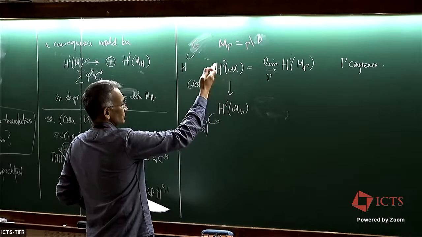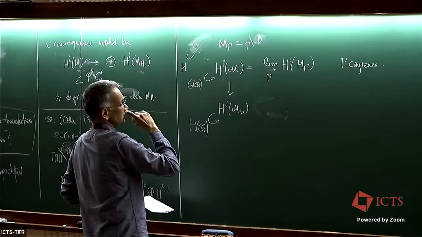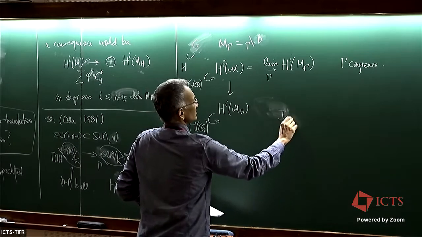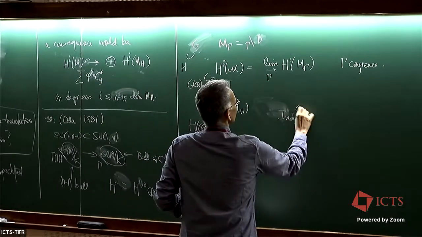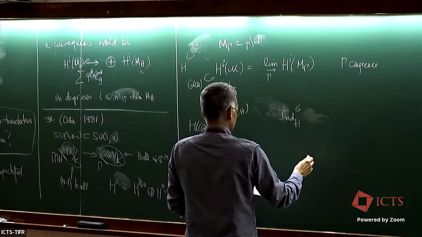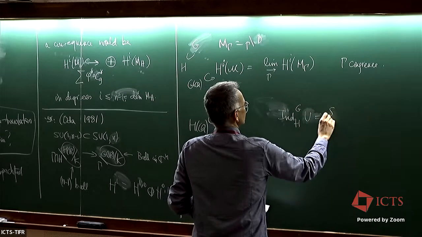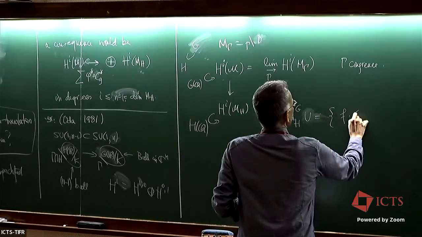So it's convenient to do the following. Either by Frobenius reciprocity or just by some explicit thing, we introduce the following induced module. I'll just define it and then it'll be clear what is intended. These are induced modules, really.